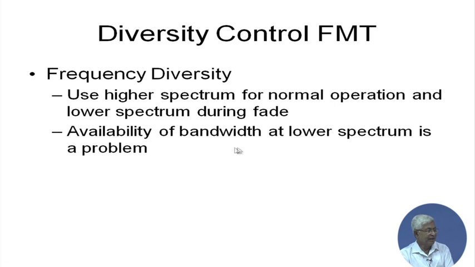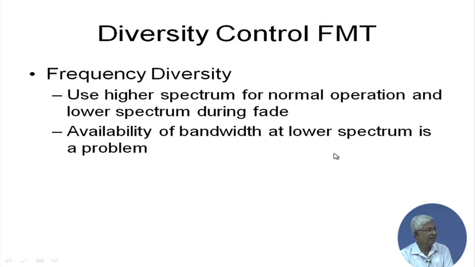And availability of bandwidth at lower spectrum is also a problem, because we have briefly mentioned in one of the slides earlier that at C band we have roughly 700 megahertz allotted by ITU for space to earth and earth to space link, at Ku band it is roughly of the order of 2 gigahertz, and at Ka band roughly about 2.5 gigahertz.